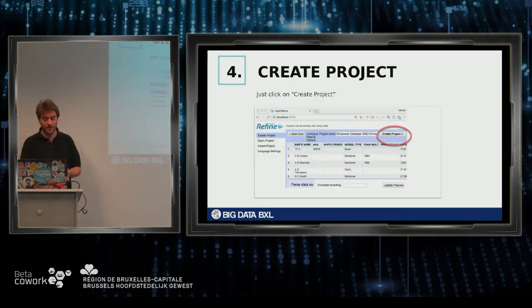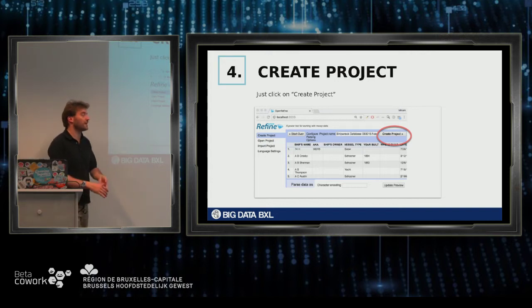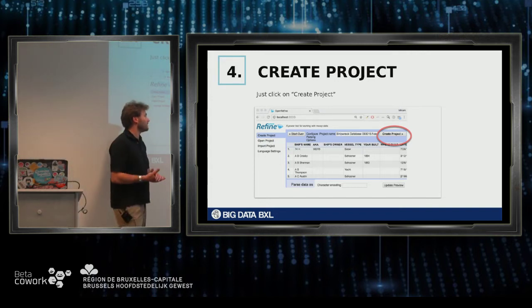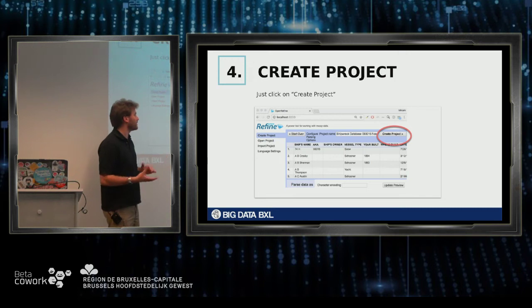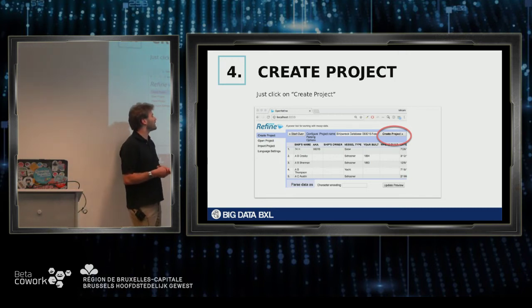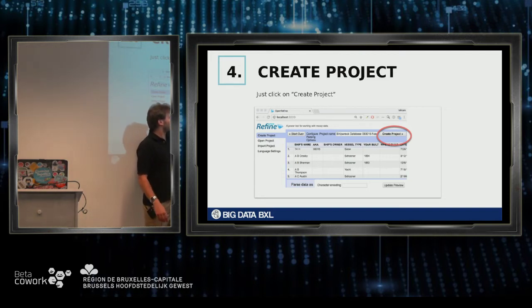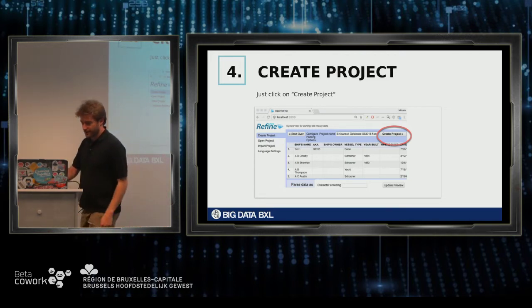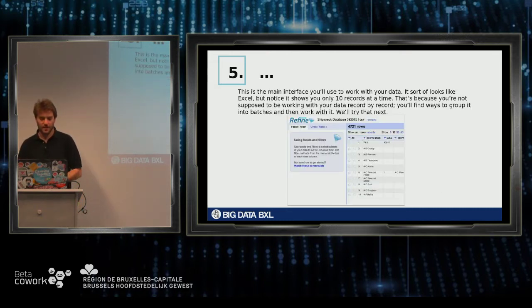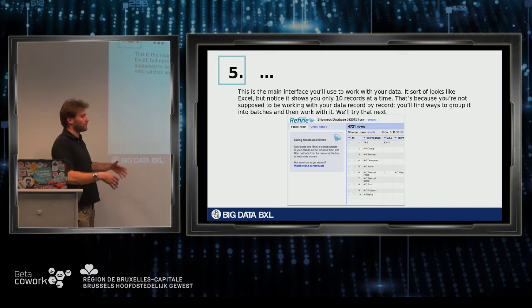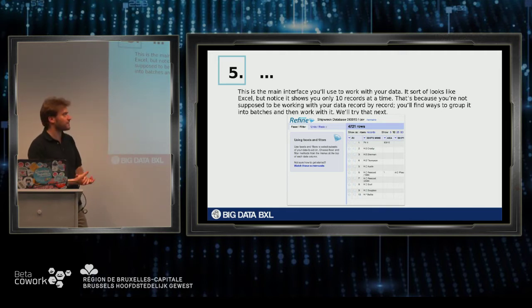What's going to happen is it's going to either tell you that the file is invalid, or it cannot understand what the file is, or it's going to show you a part of the content, so the first few lines and the first few columns. And then it's going to ask you, okay, should I create a project? And you just go yes. So a project is basically one big table that you want to start cleaning.